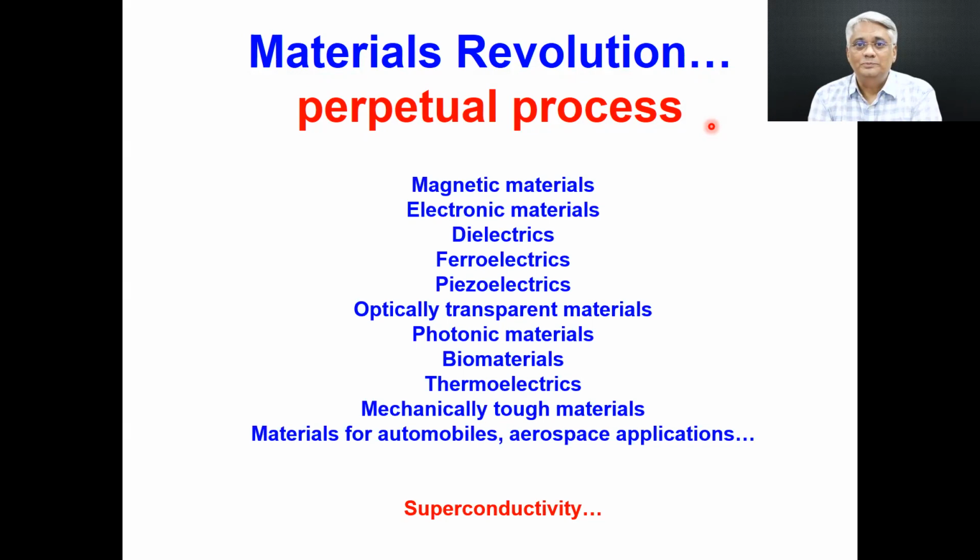There are optically transparent materials that find extraordinary number of applications in touch screens, mobile phones, and you have photonic materials, you have biomaterials, you have materials that can convert thermal energy into useful electrical energy. These are called thermoelectric materials. You have mechanically tough materials, materials for automobile, aerospace applications.